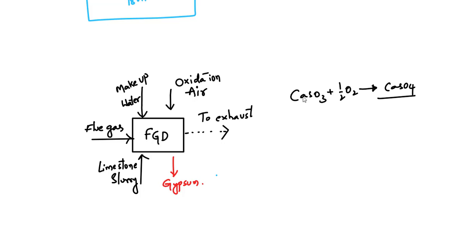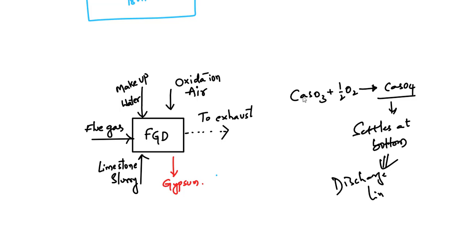Gypsum being a highly dense compound settles at the bottom and can be removed from discharge lines. Flue gas which is free of SOx compounds will be moved away from the exhaust to the atmosphere.